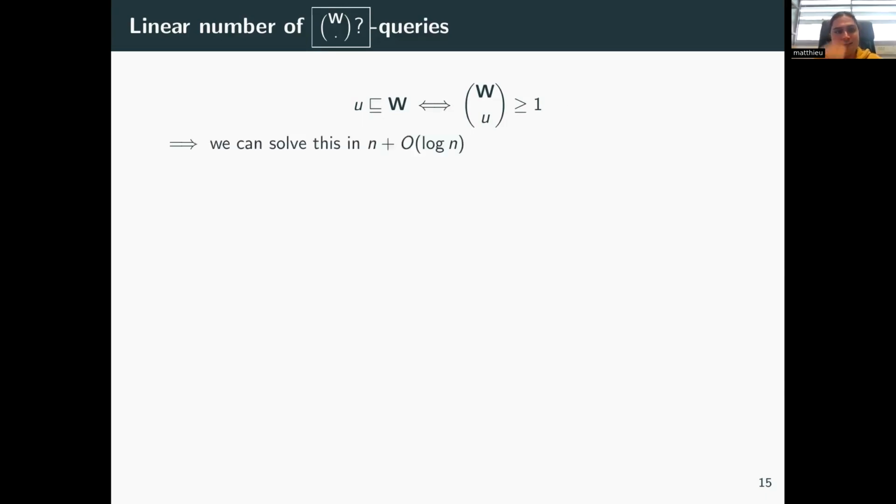So I can do at least as well, right? This can be solved in n plus log n. If you remember what I did, it's even better than this, because the log n was just to find the number of occurrences of 0, and we've just seen that I can find the number of occurrences of 0 in only one step. So in fact, just by this, you see that we need only n plus 1 queries with this family of queries.